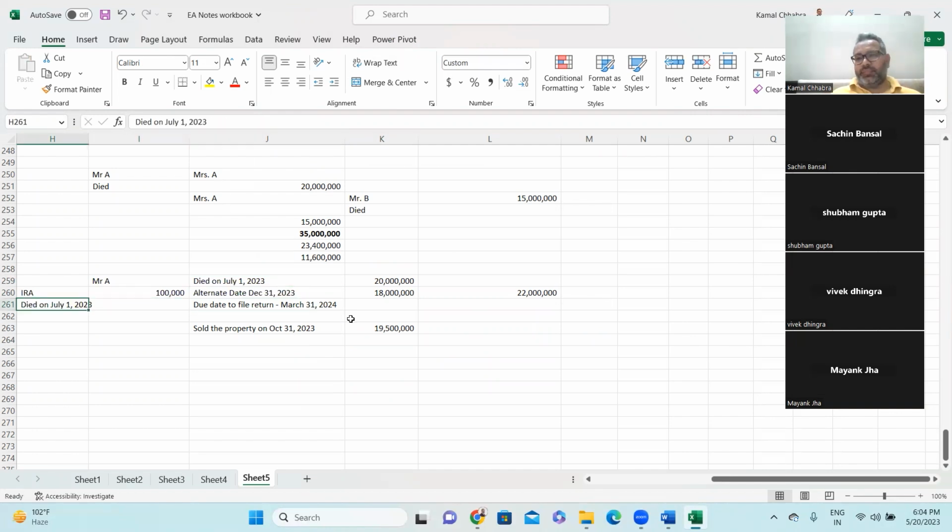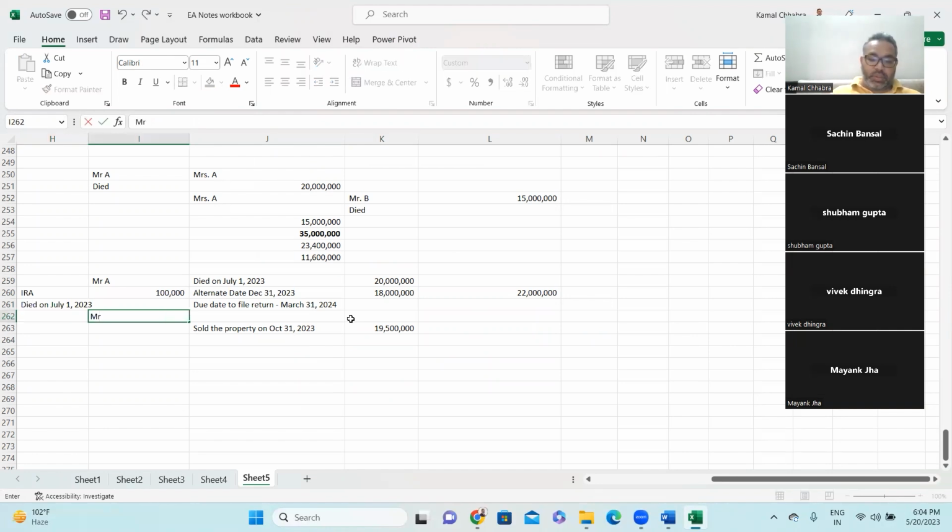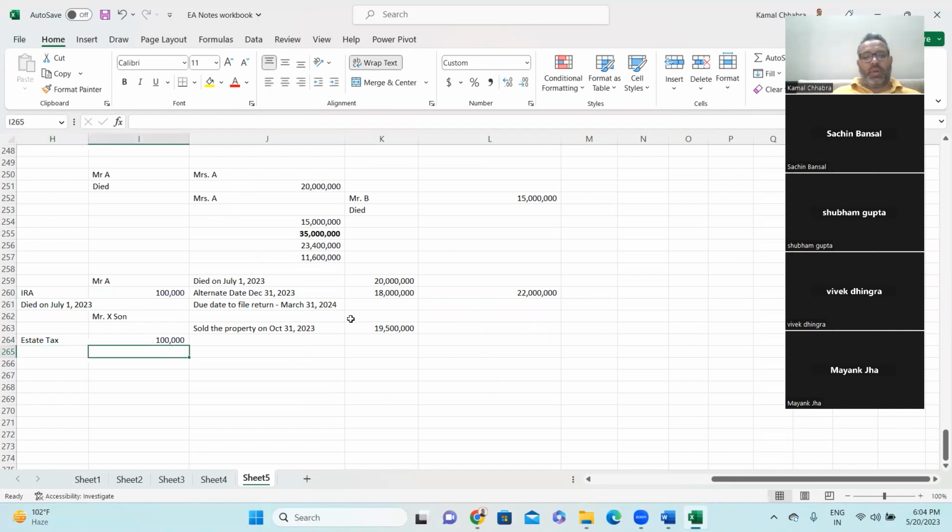1st July, right? And now all his property went into the hand of Mr. X, let's assume his son, right? In the hand of the son, this $100,000 would be taxable as estate tax, right? And this $100,000 will give 10% return each year, right?